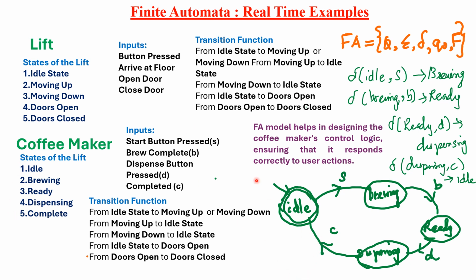Initially it starts with the idle state, then goes to brewing, then brewing to ready state, and ready to dispensing, then finally dispensing comes back to idle. The same process is repeated again and again, starting with idle and also ending with the idle state.